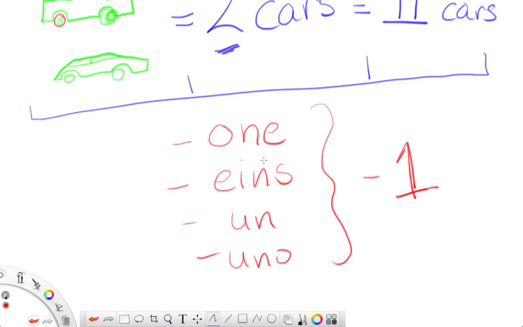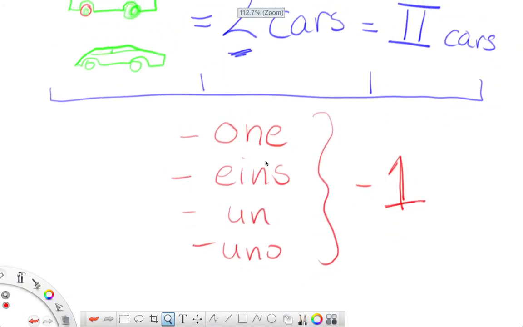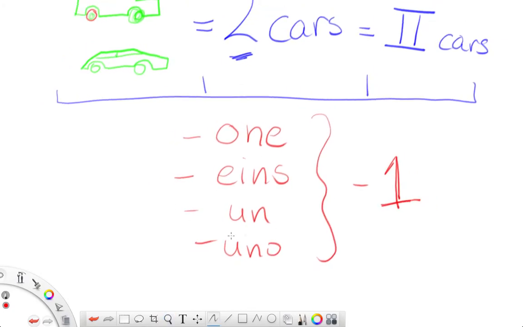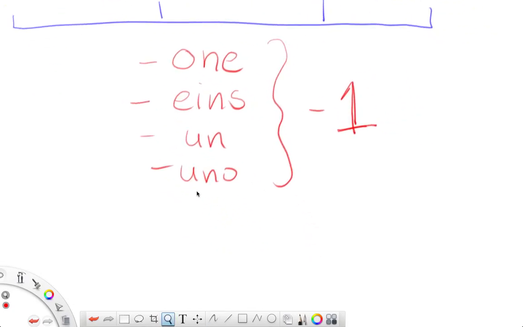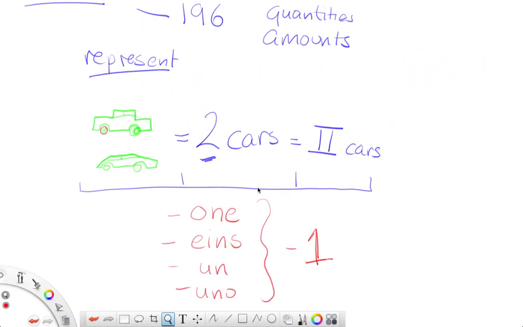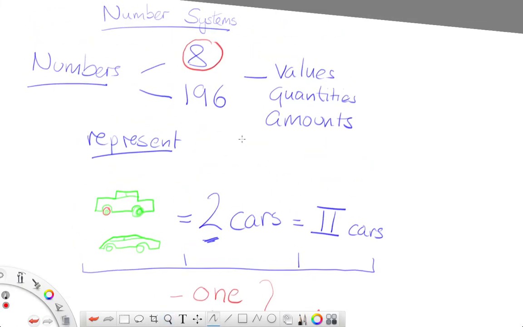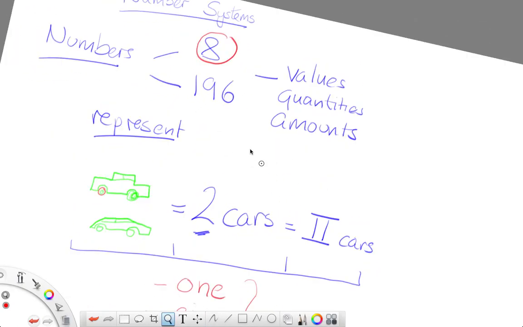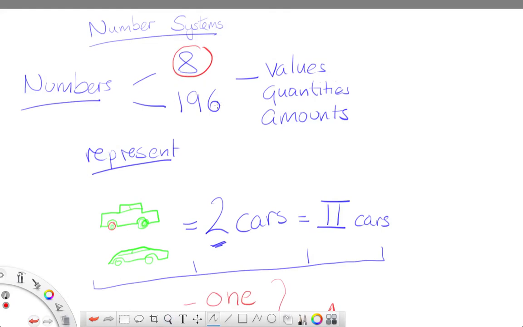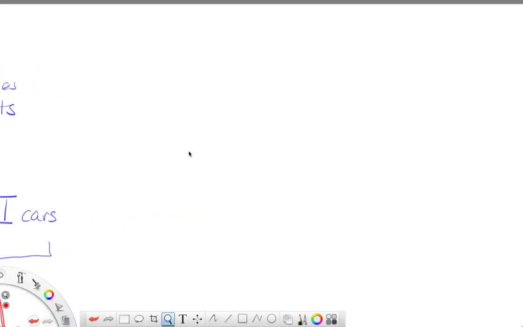They're all representing a number 1. So we have this idea that we can represent numbers using these numbers. We had some examples at the beginning, like 8 and 196, representations of a number. They're not real numbers, they're not real quantities, they're just a way of writing them out or communicating them.